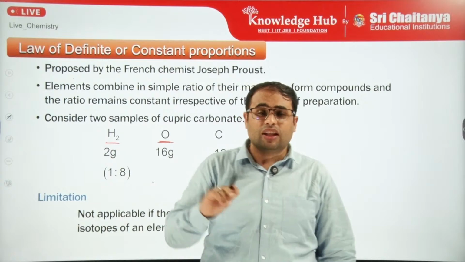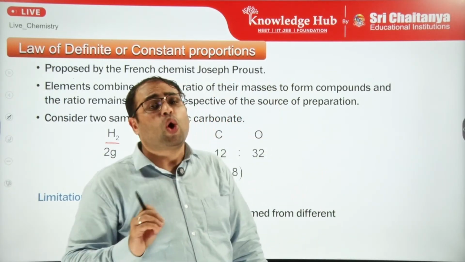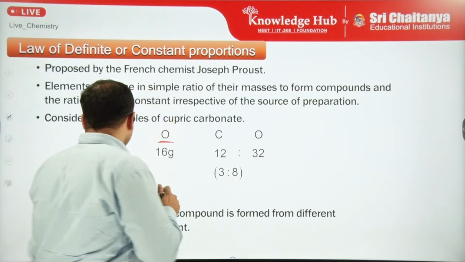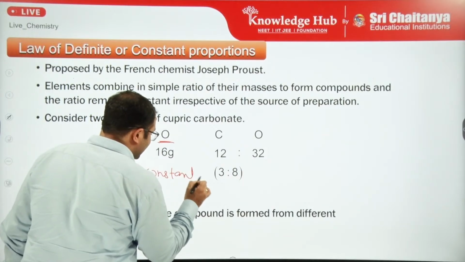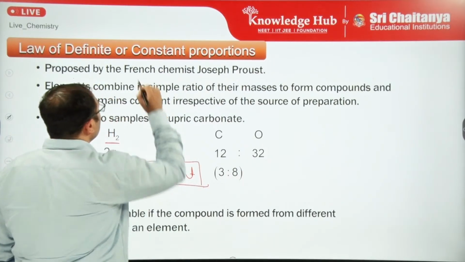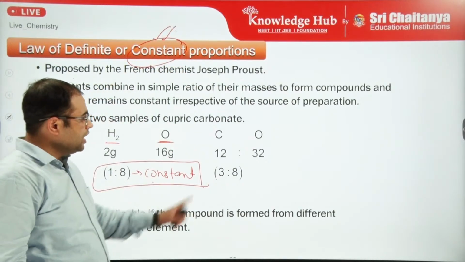Not only the formula, this law says that no matter from where you take this water, the ratio of the elements will be constant. So this ratio will be constant. That is what is meant by the law of constant or definite proportions, right?